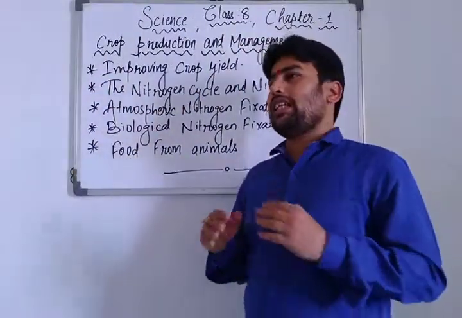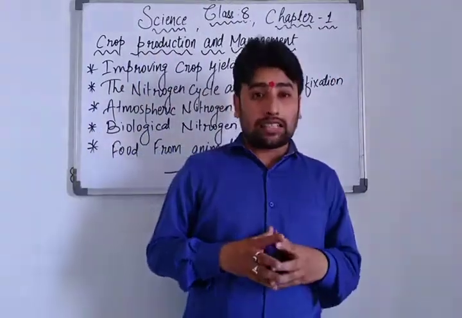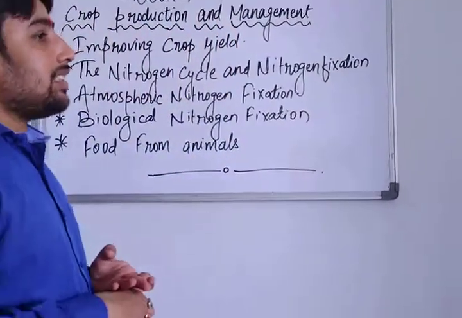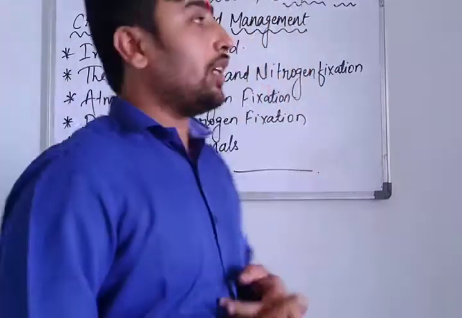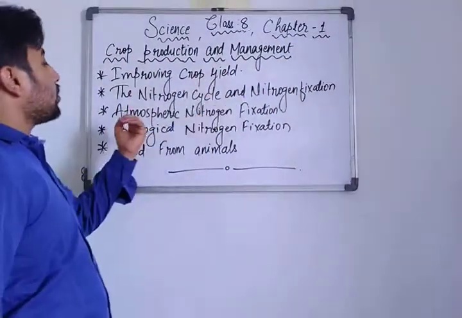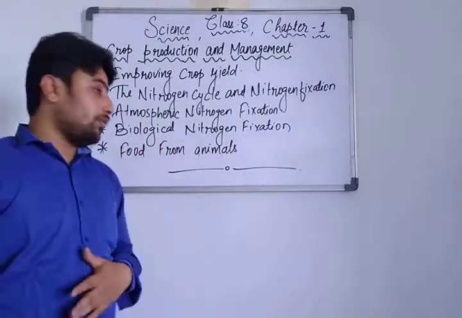Nitrogen is the most abundant gas present in nature, and neither plants nor animals can take it directly. That's why we require nitrogen fixation. It takes place in the nitrogen cycle: atmospheric nitrogen fixation and biological nitrogen fixation.